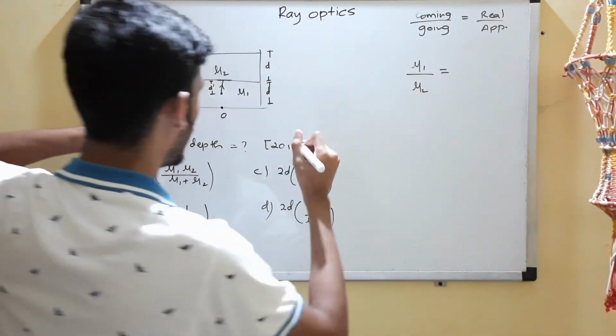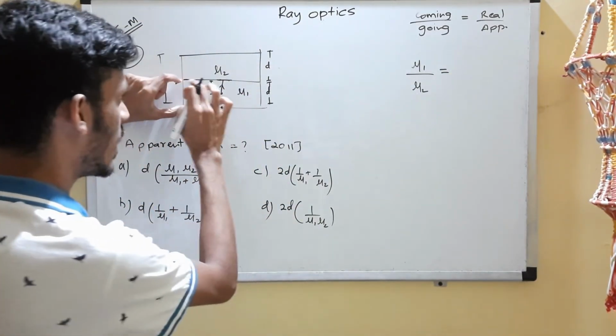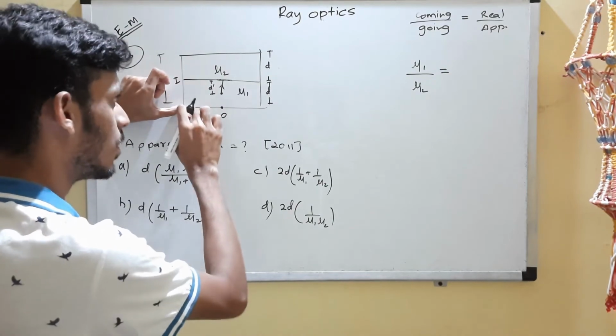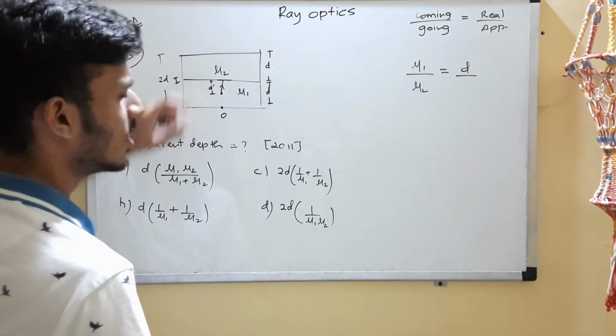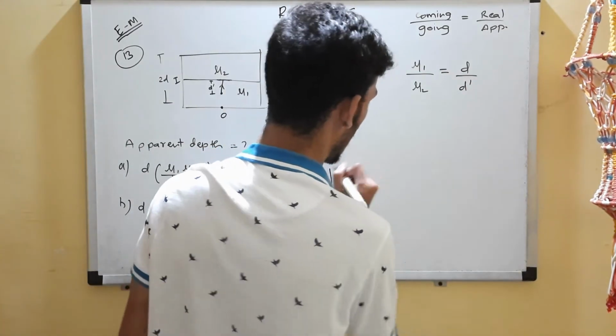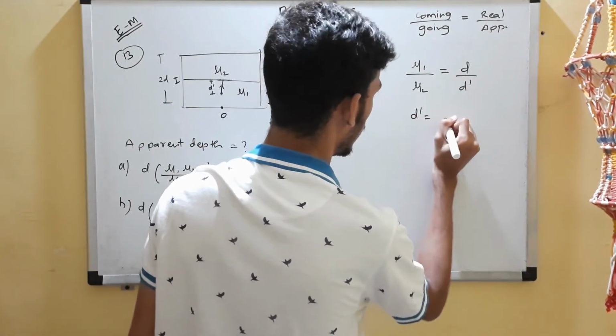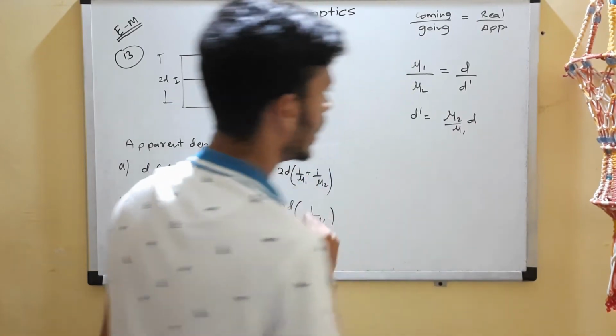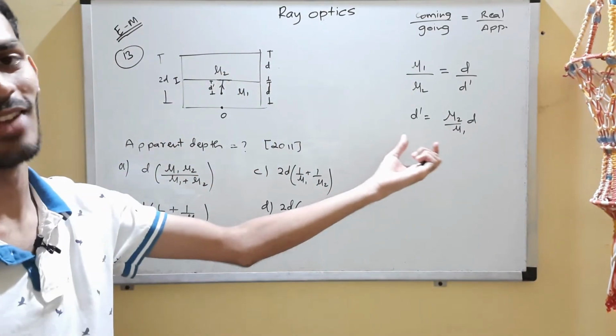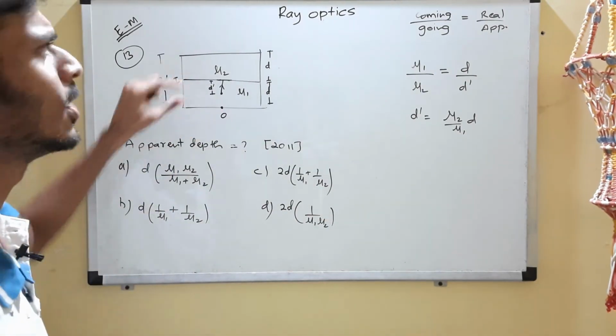Real depth is capital D, since you measure depth from the surface, divided by the apparent depth, which we have considered as d dash. So d dash from here will be mu2 by mu1 into D. Mind you, this is not the final apparent depth. This is only due to surface 1.